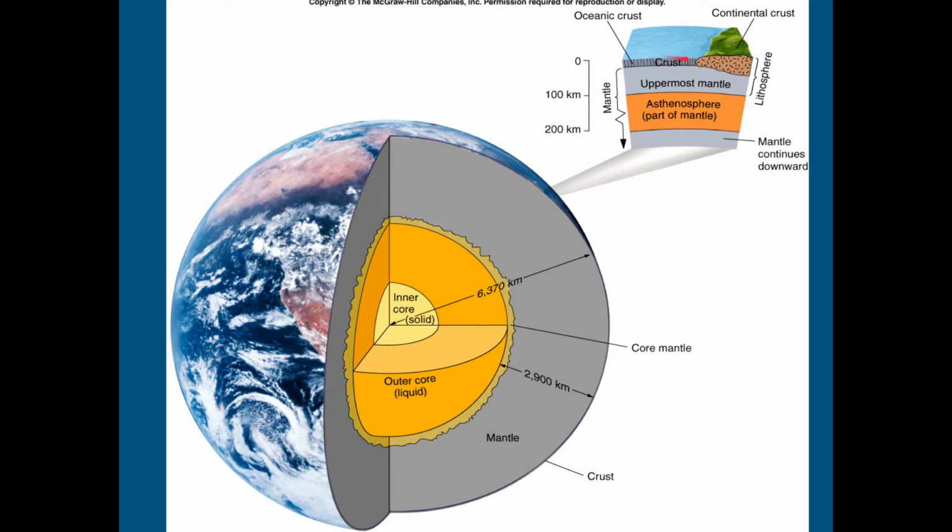Well, the crust is just 10 to 100 kilometers thick. Very, very thin compared to the rest of the Earth. So thin that you need to blow it up here and amplify it to get a look at it. And then below that, we have the mantle. And then below that, we have the core, which has an inner and an outer core.